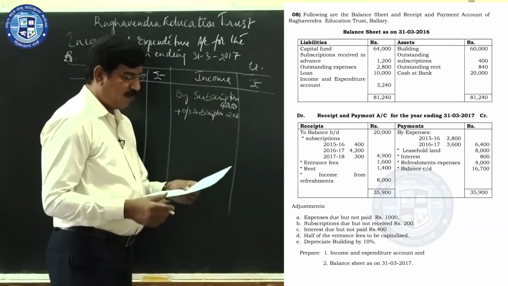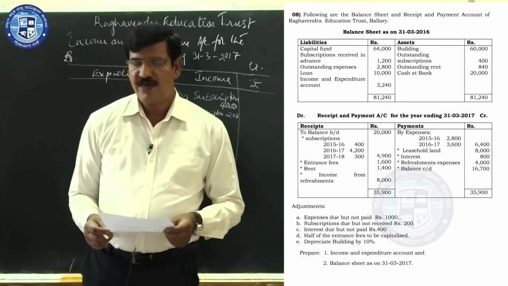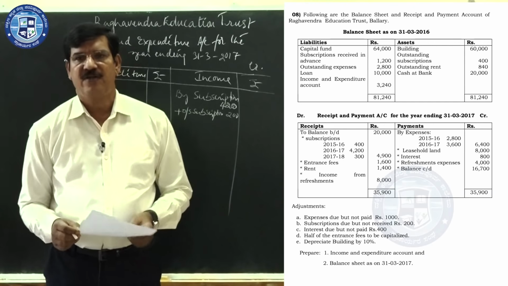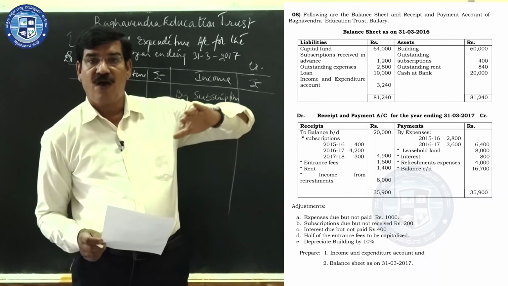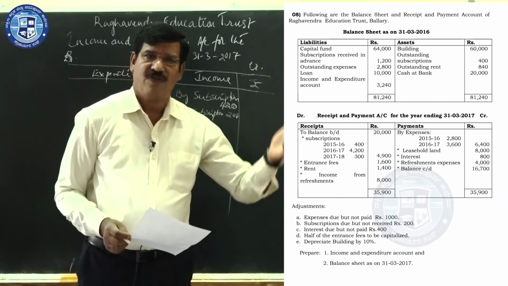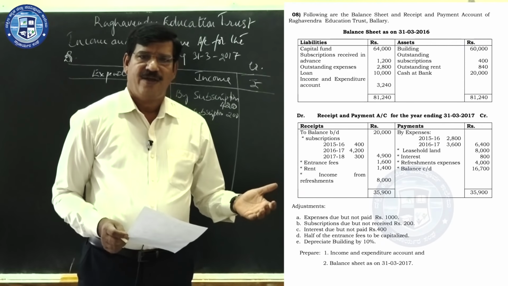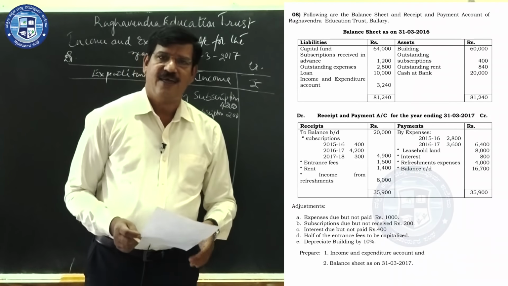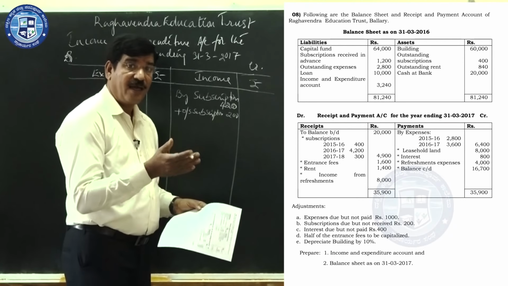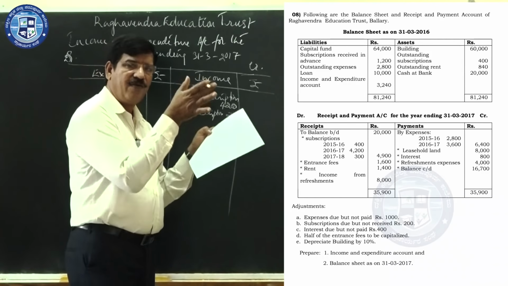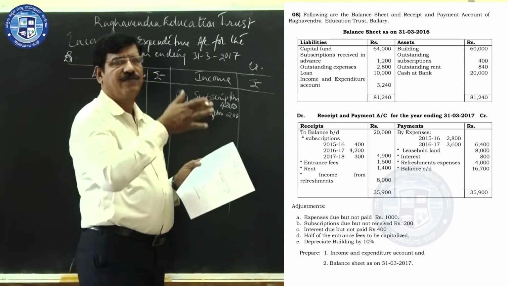And again you look at the opening balance sheet, subscription received in advance. On the liability side it is given 1,200. So it is the advance of last year. Advance of last year, it is relating to the current year. That's why the advances are given for the next year. So when the advance is given the last year, it is for the current year.